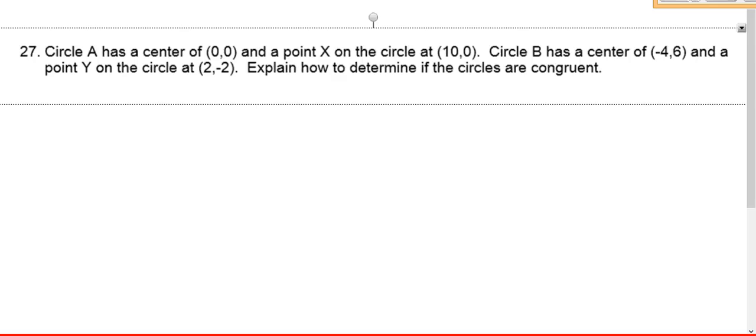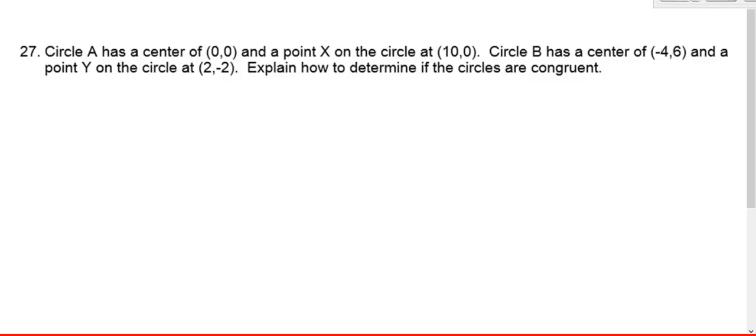So here we have two circles. We're given the center and a point on the circle, and then a center and a point on the other circle. Explain how to determine they are congruent.